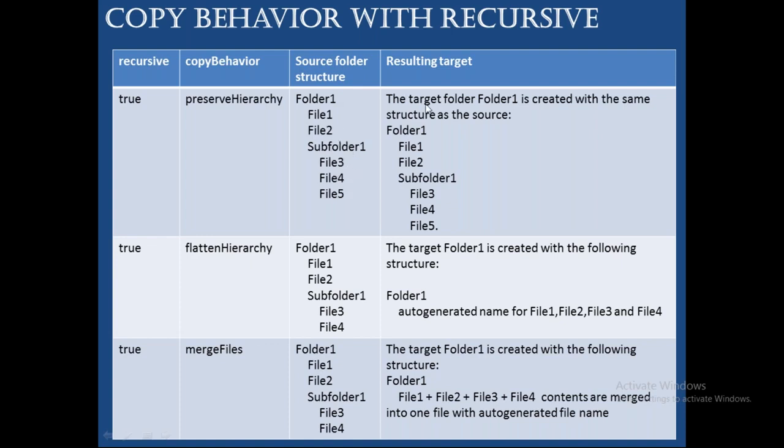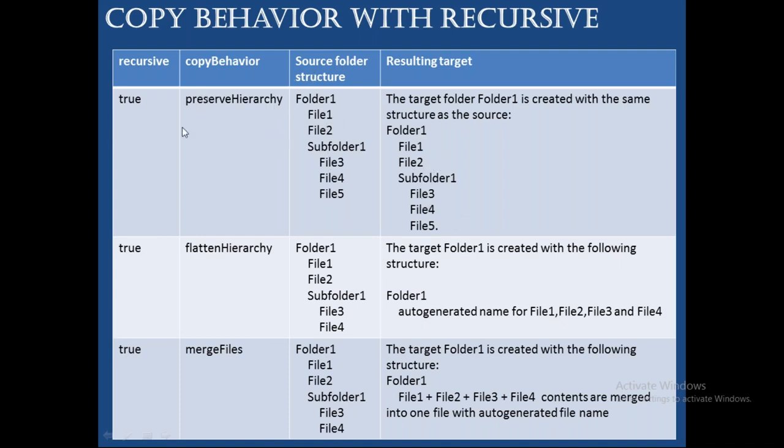Now what happens is, in your target side, sink side, you will get the same structure: folder 1, file 2, subfolder 1, file 3, file 4, file 5. Same structure which you have here is coming if you enable these two options in your copy activity.